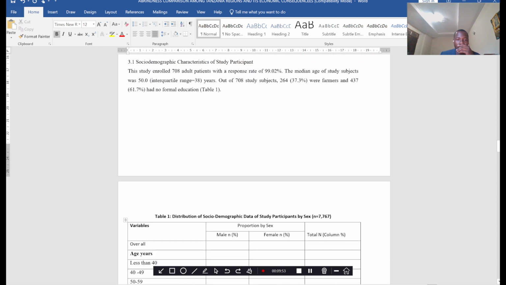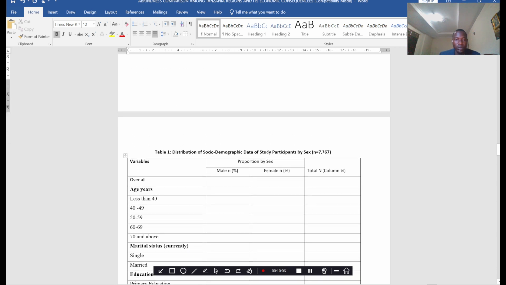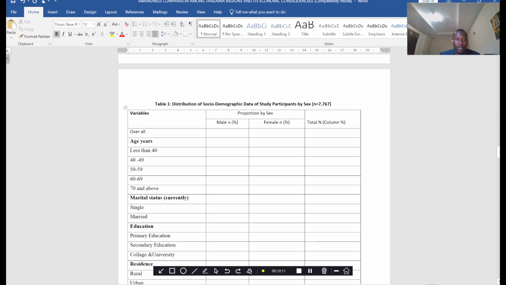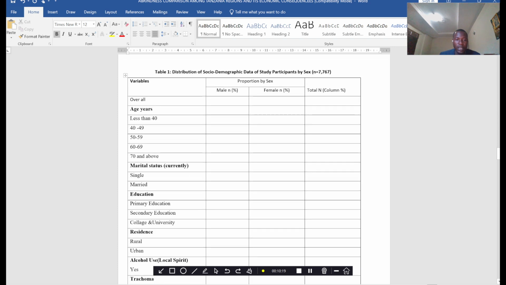First, on descriptive statistics, we expect to do descriptive statistics on socio-demographic data. We are going to look at age in categories, marital status, and education at different levels.